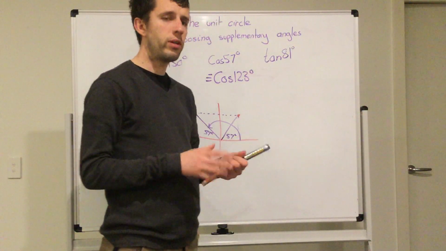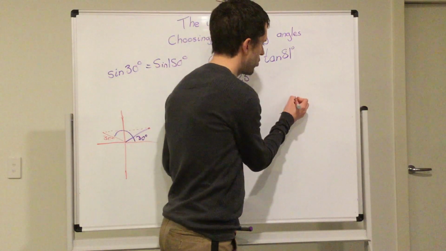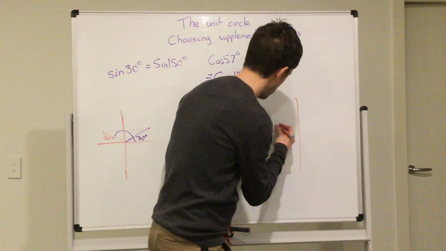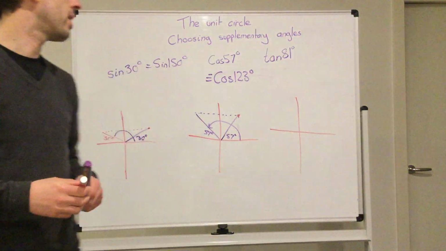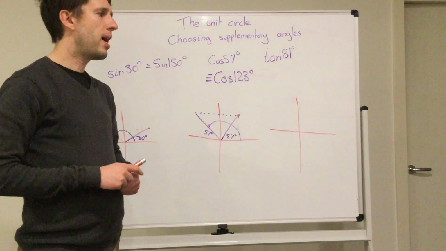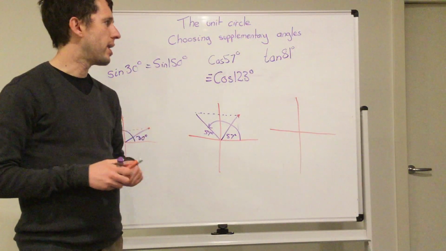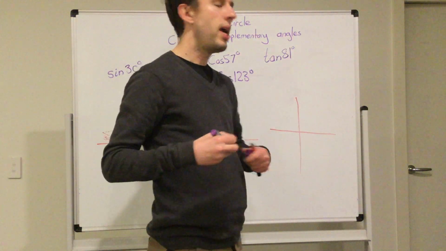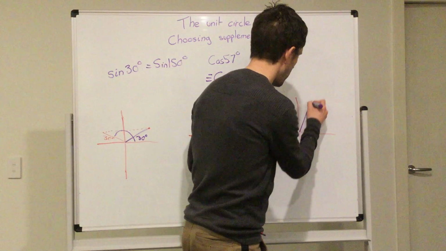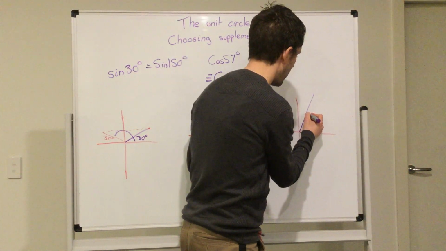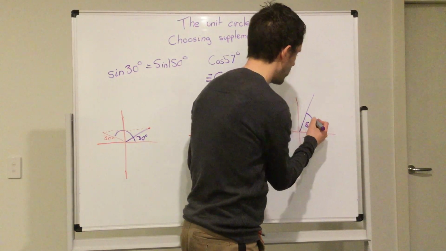Let's have a look at tan 81 degrees. So the first thing I'm going to be doing is drawing my lovely quadrant. So I've got my quadrant there. The next thing I'm going to be thinking about is drawing my angle, which is 81 degrees. So I've got a lovely angle here that is 81 degrees.